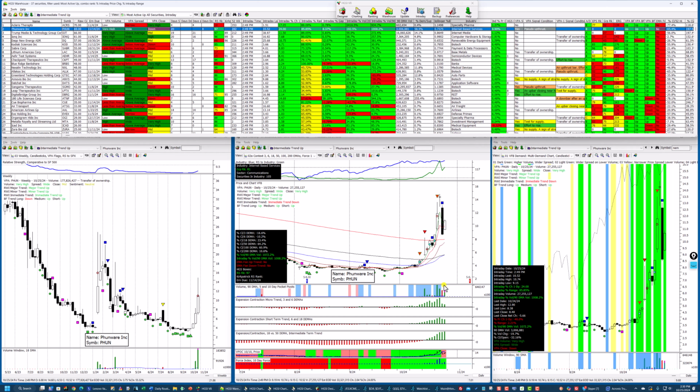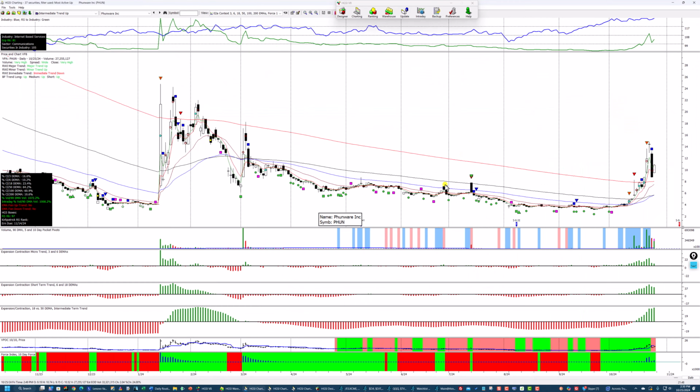So it's an intermediate term trend, but it doesn't qualify for the fan being up because these moving averages are obviously not in the correct order. So here is the 200, here's the 18, here's the 100, and here's the 50. All of those would have to be stacked for this stock to be in that order.